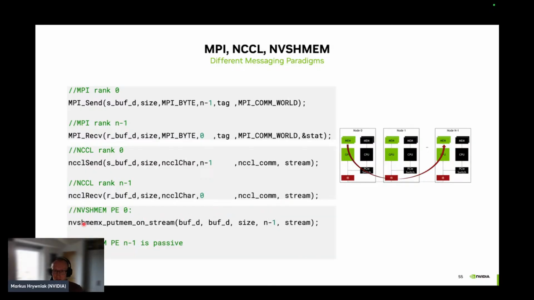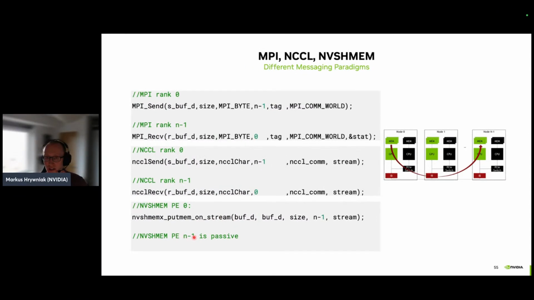Lastly, NVSHMEM is a bit different in that it also has what you could see as a send call, but in reality, this is called one-sided communication, as the receiver doesn't need to do anything. The receiving PE is completely passive, and it will just receive the message when it has arrived. You can, of course, synchronize to wait until it has arrived, but you don't need to do anything special like post a receive. And NVSHMEM also allows you to do in-kernel communication.